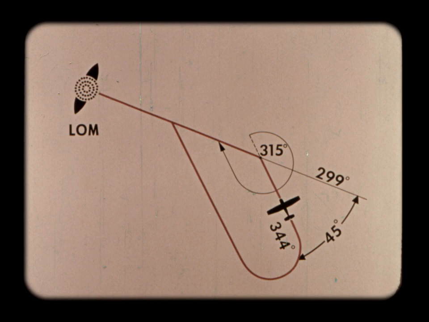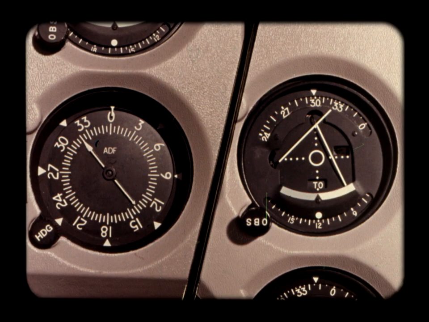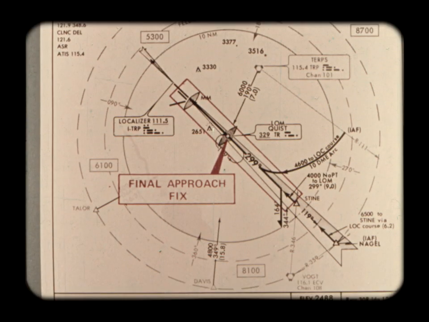As the localizer course is intercepted, the relative bearing will be 315 degrees. When the relative bearing has decreased to 320 degrees, the airplane is approaching the localizer course, and the needle should be watched more closely. As soon as the CDI begins to move toward the center, a turn should be made to the inbound heading. Now, let's discuss some other methods of arriving inbound at the final approach fix.